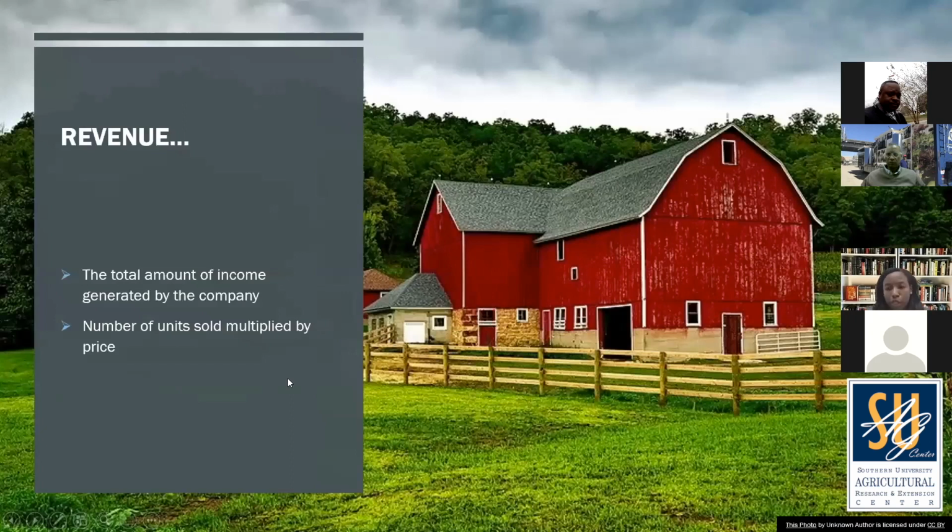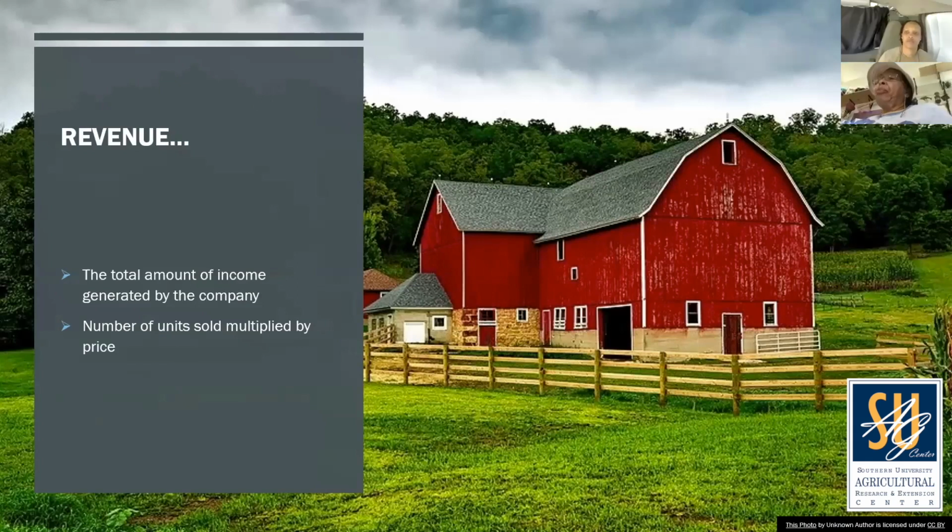Then you have your revenues. Revenues are generated from sales that the business receives. It is the total amount of income generated by the company, calculated by the number of units sold multiplied by the price of the products.